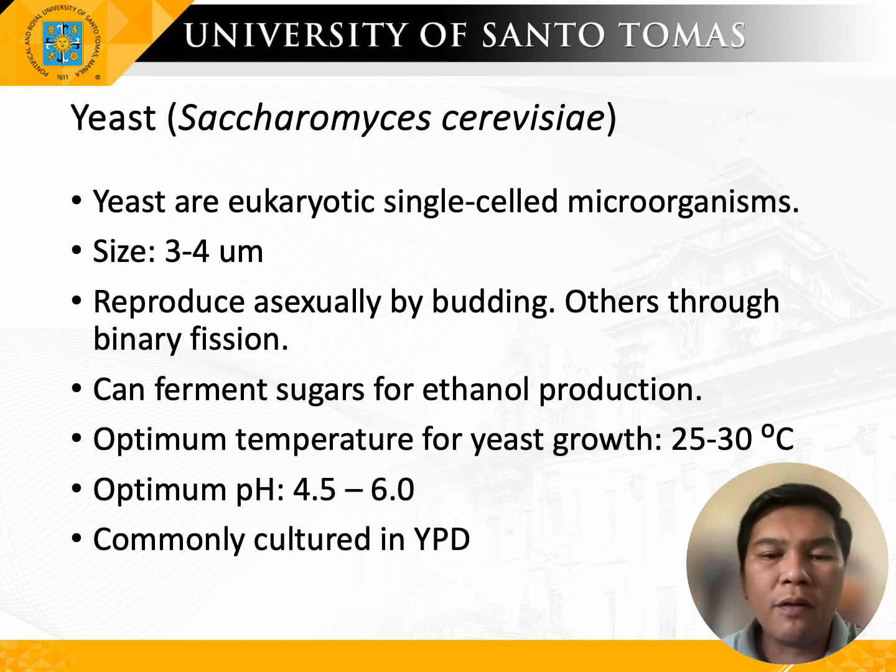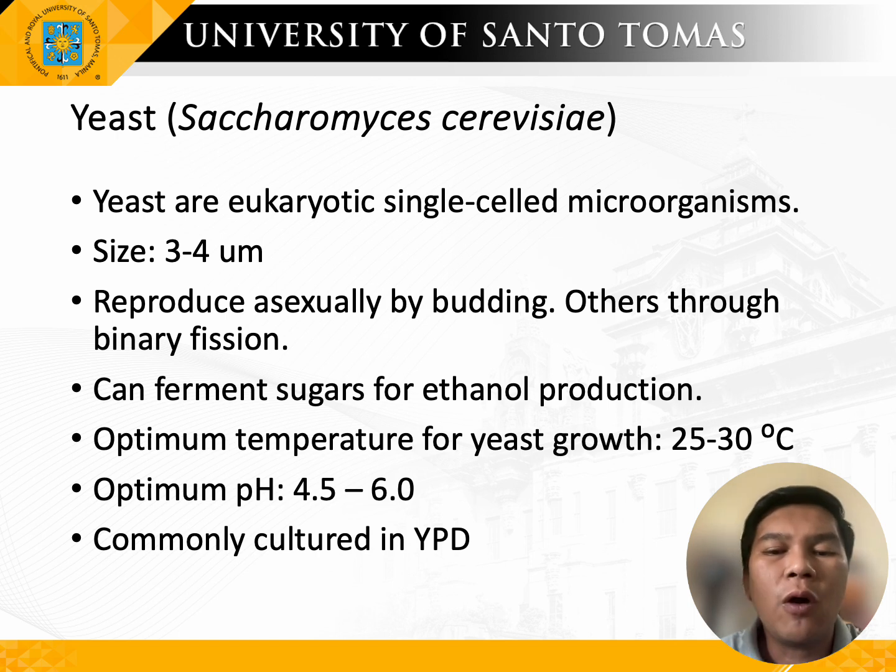For reproductive structure, the reproduction of your yeast is usually through budding, although others reproduce through binary fission. It can ferment sugars for ethanol production, which we usually do because we use them for fermenting different fruits to make, of course, wine, and then later on maybe vinegar after some time or by the use of another organism.